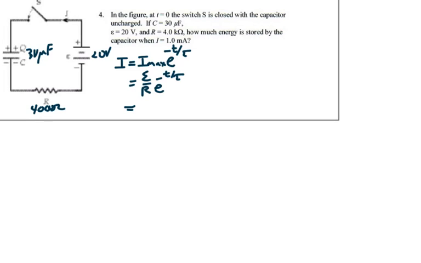So that maximum current, which is epsilon divided by R, is 20 volts divided by 4,000 ohms, which will be 5 milliamps.